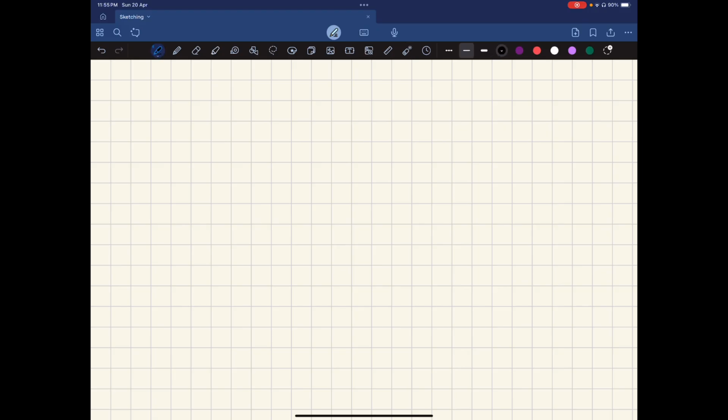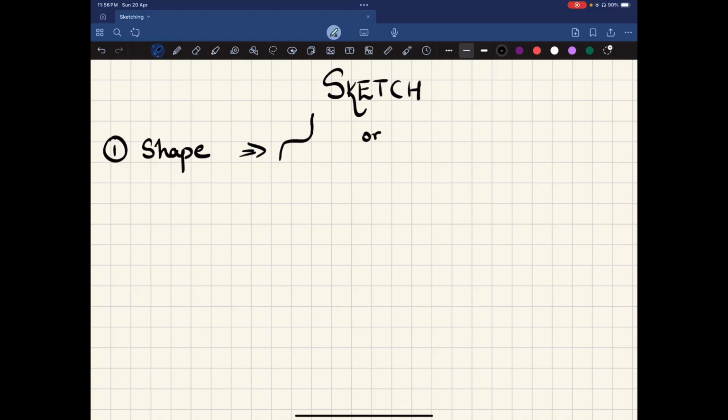Whenever you have to sketch a cubic function, what are the steps that you're going to follow? The first one is to determine the shape, whether it is a maximum minimum curve or a minimum maximum curve.